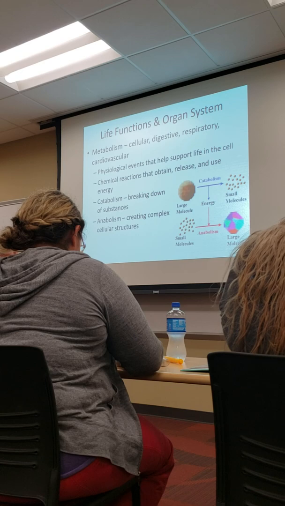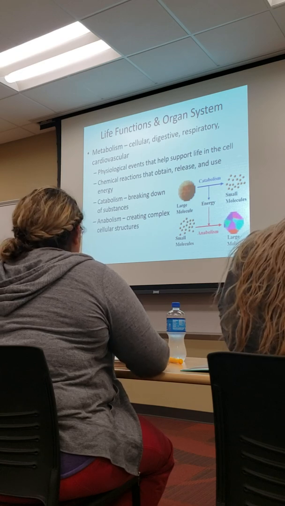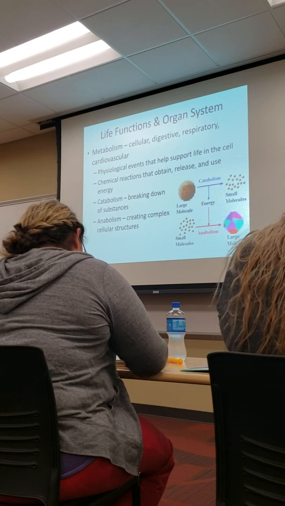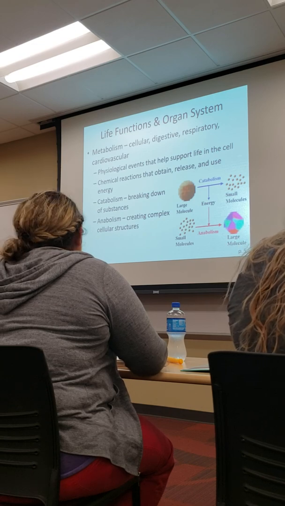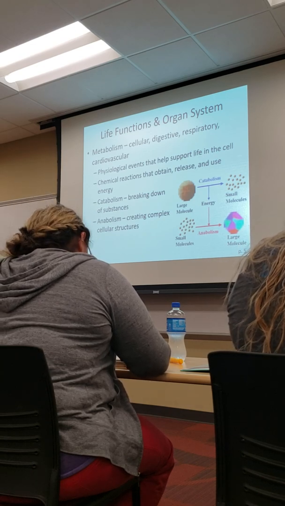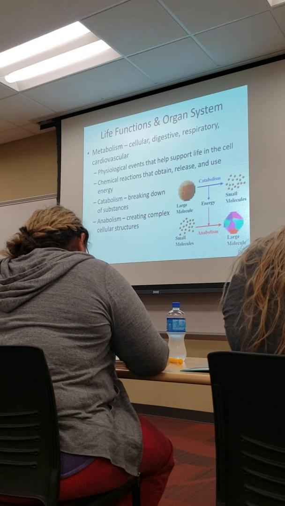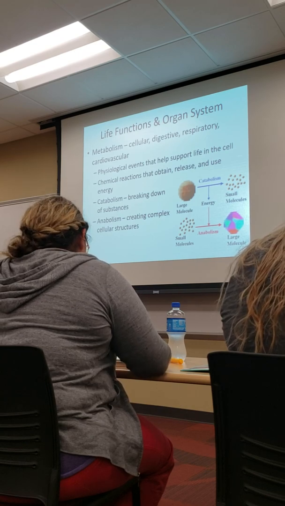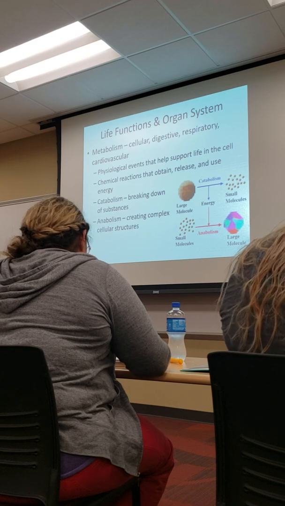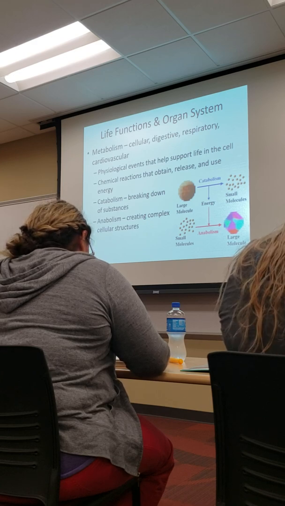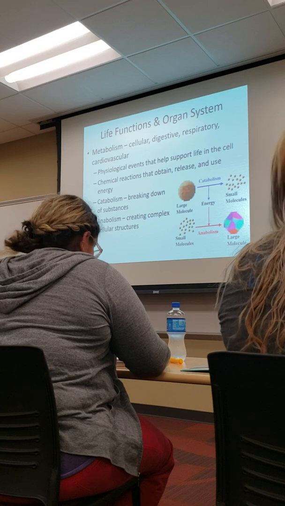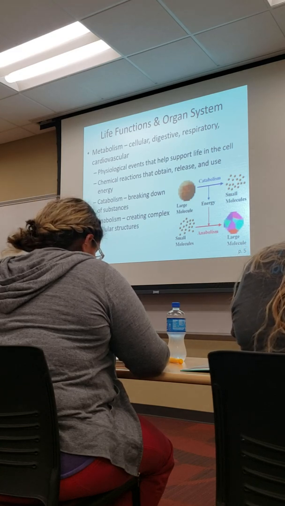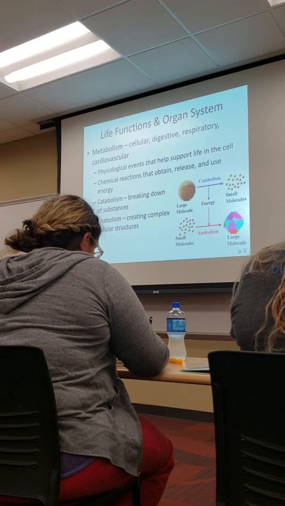Then anabolism is taking molecules and bringing them back together. So catabolism and anabolism are both parts of metabolism. Breaking stuff down and then putting them back together in a different way that helps sustain life. And this is all done through various chemical reactions that are taking place in our body.